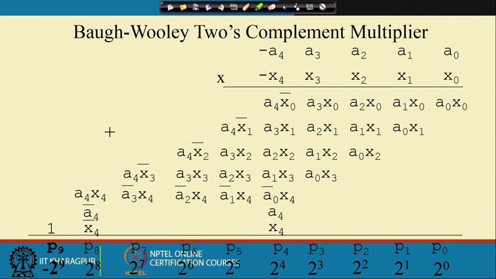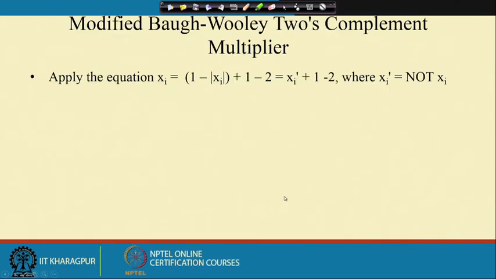Now my point is, can I reduce this? How is this different from the normal unsigned multiplication? If I do not consider the sign extension, I will get only the multiples up to here, that means the 5 over here.